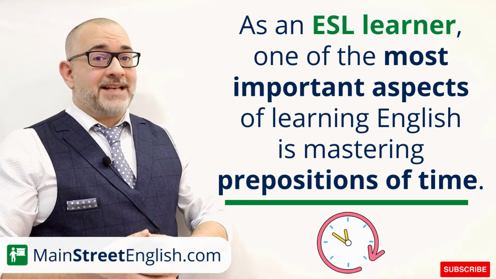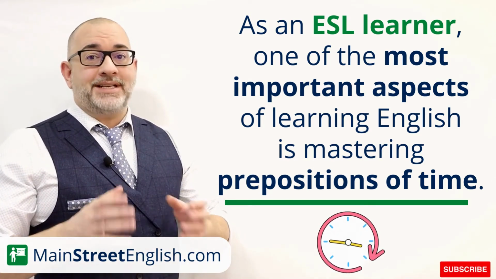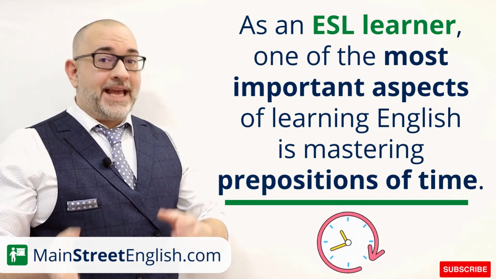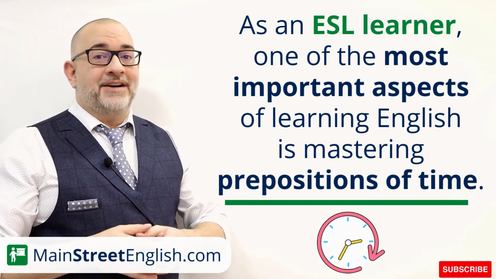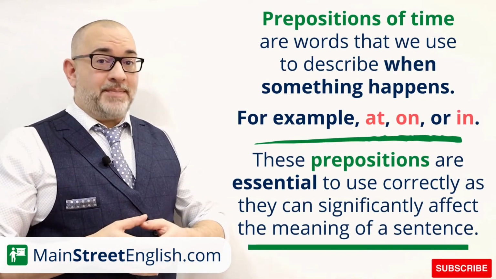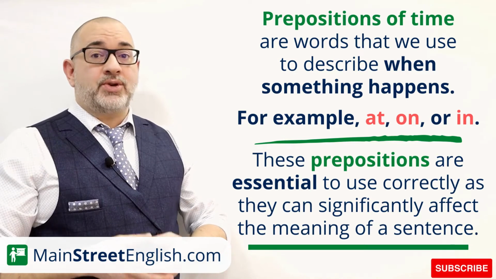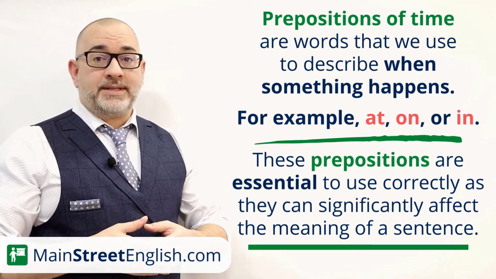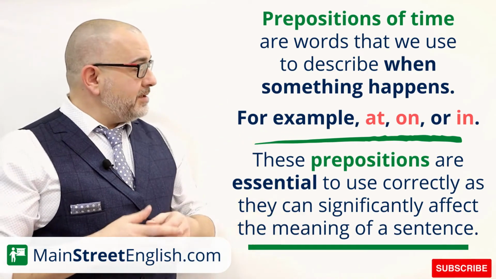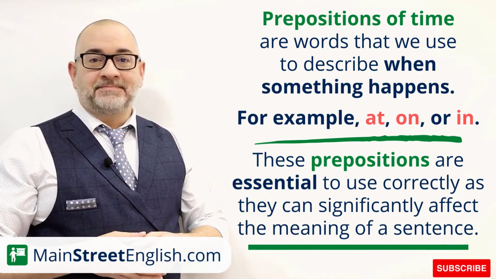As an ESL learner, one of the most important aspects of learning English is mastering prepositions of time. Prepositions of time are words that we use to describe when something happens. For example, at, on, in.